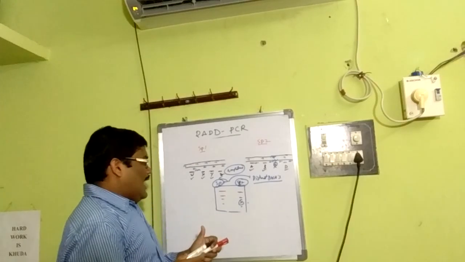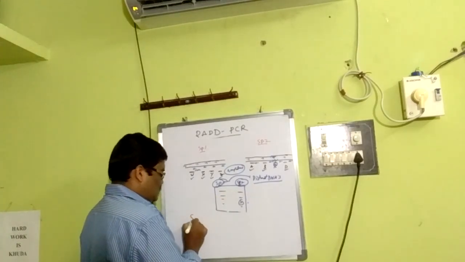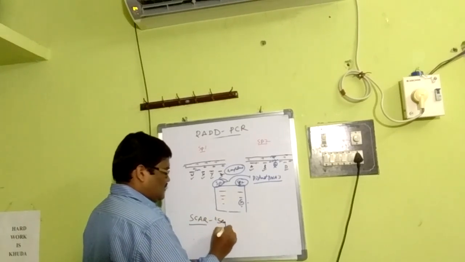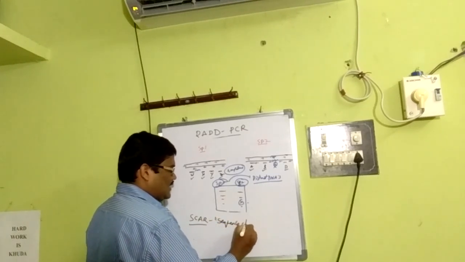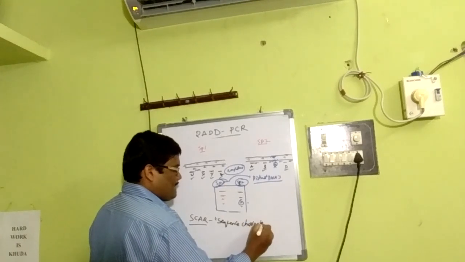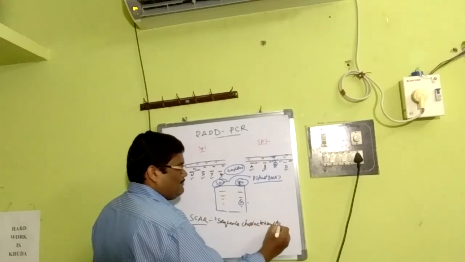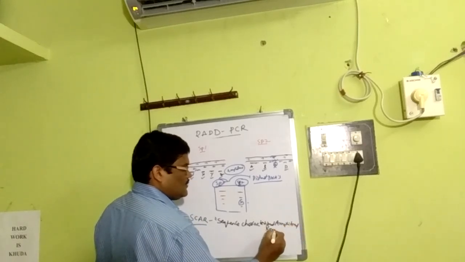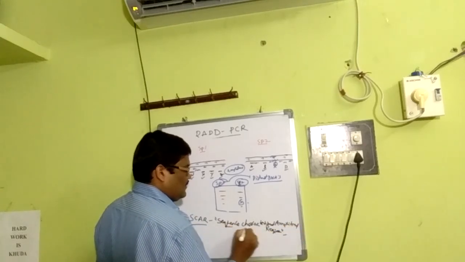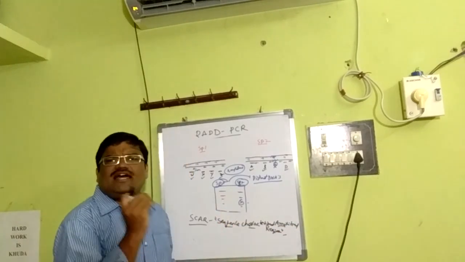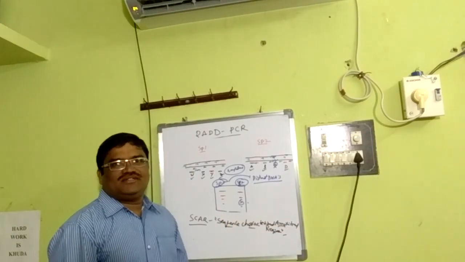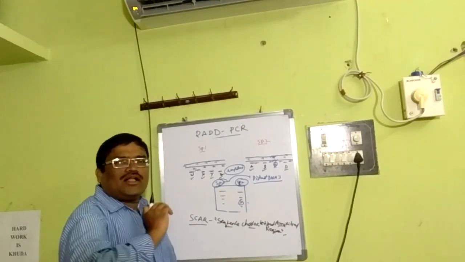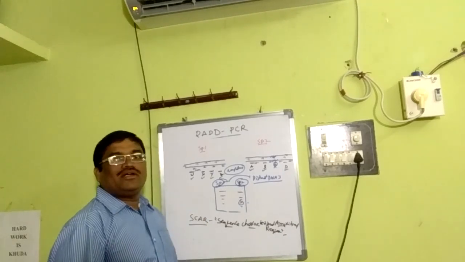It's like an improvised version, you can say. SCAR: sequence characterized amplified regions. It specifically cuts out the gel bands. This is very important. So to overcome the same, we have employed SCAR.